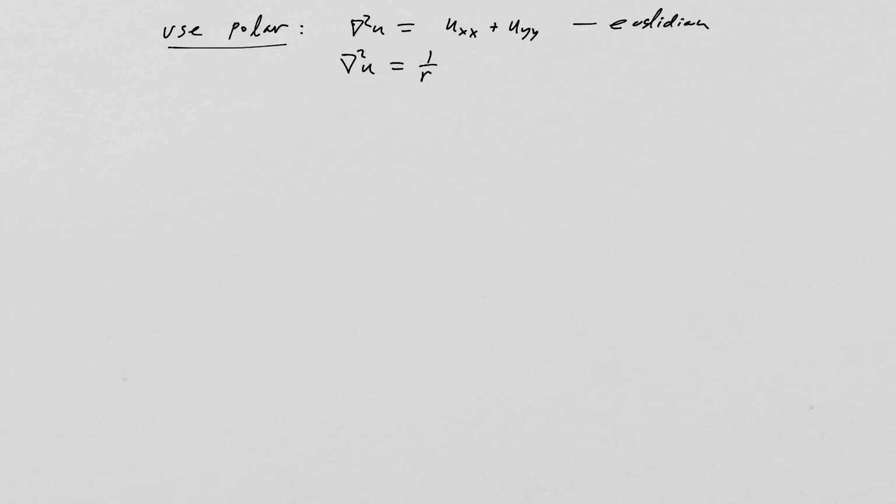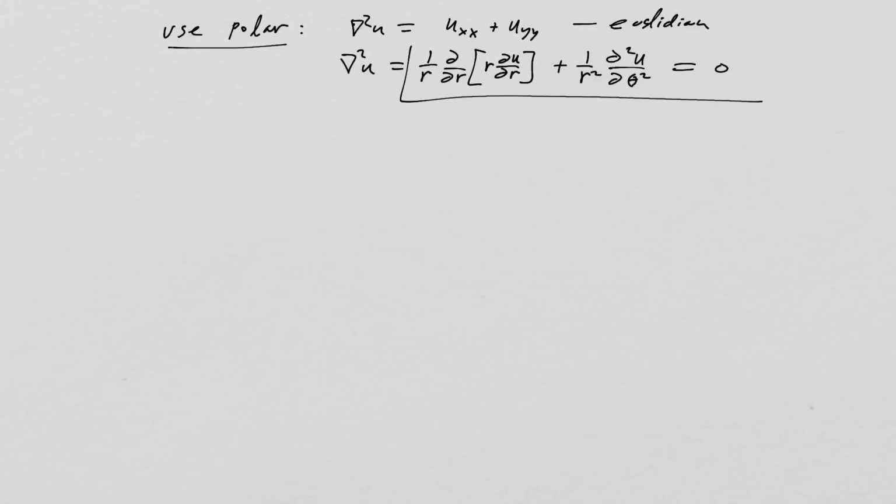It's going to be 1 over r, partial derivative with respect to r, of r times the partial derivative of u with respect to r, inside that operator there, plus 1 over r squared, the second partial derivative of u with respect to theta. And then we're going to set that equal to 0.